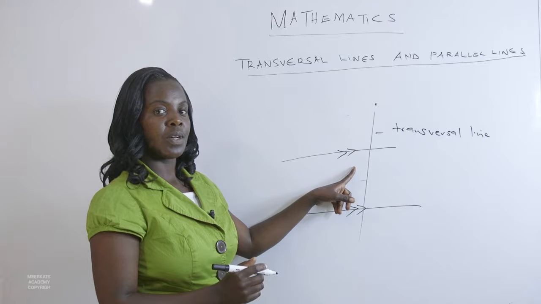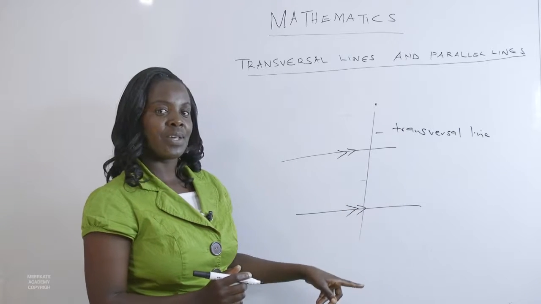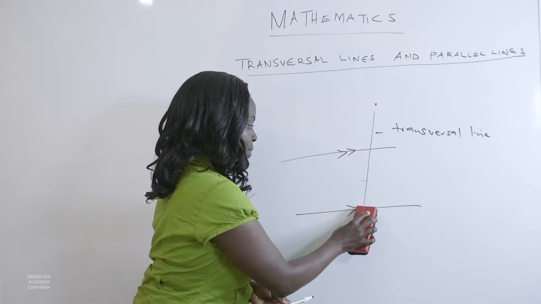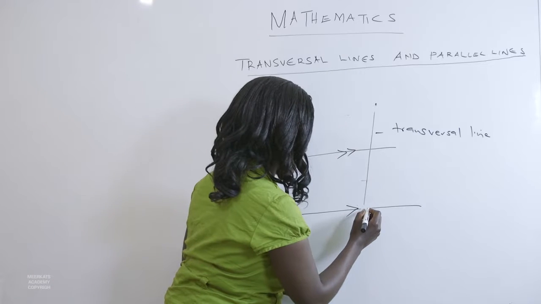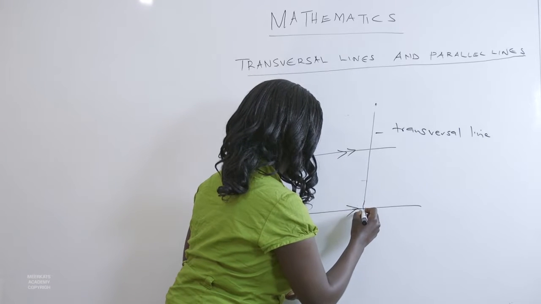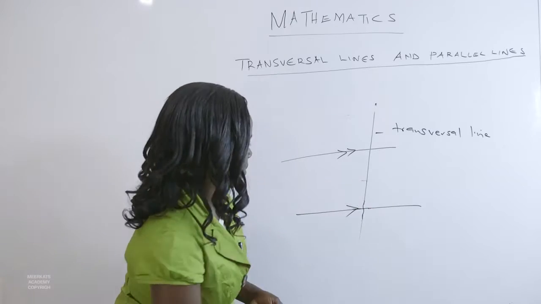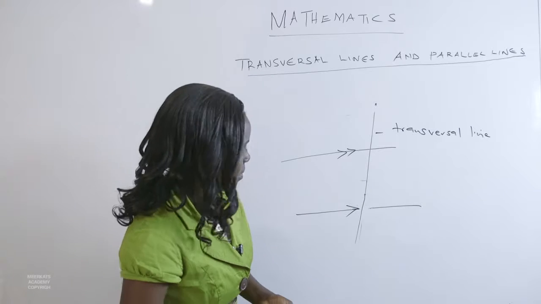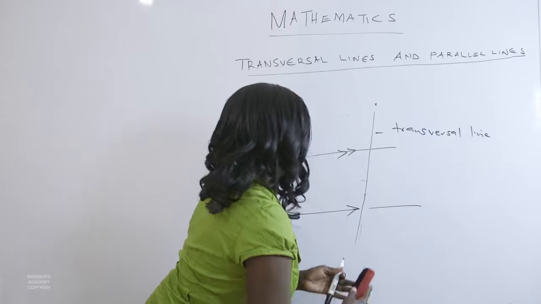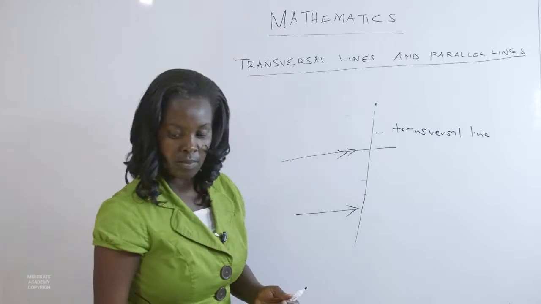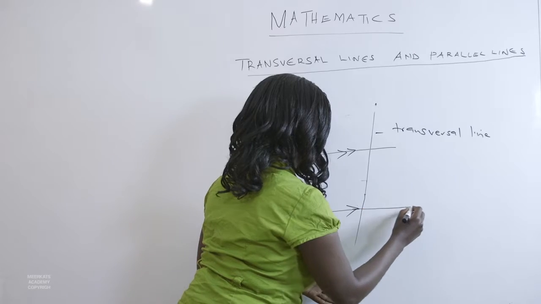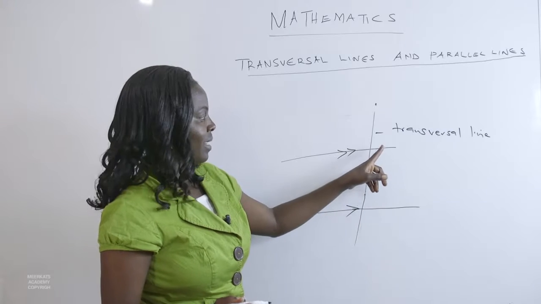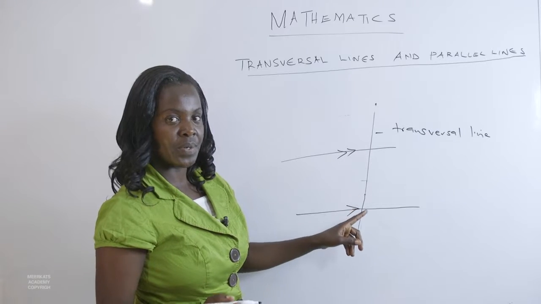If it cuts through 2 parallel lines like this, you realize that we will come up with angles. So you realize that when we introduce a transversal line, then we have several angles that are being formed.